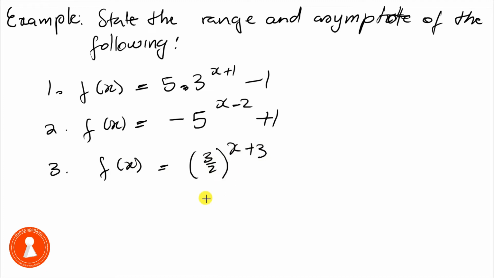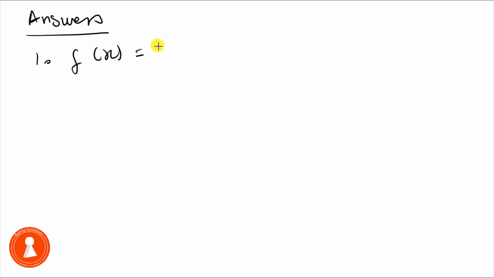Okay, now let's answer the questions. Oh boy, I like this. Number 1, f of x equals 5 times 3 to the x plus 1, minus 1.